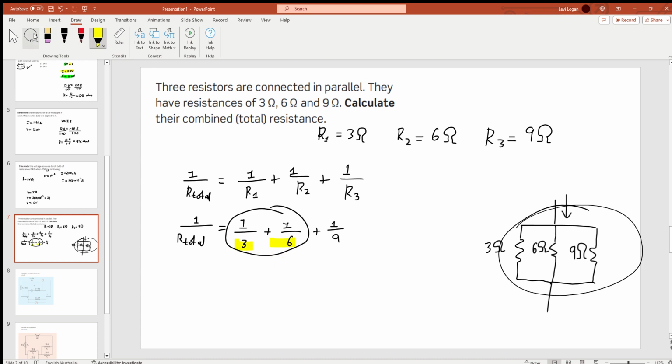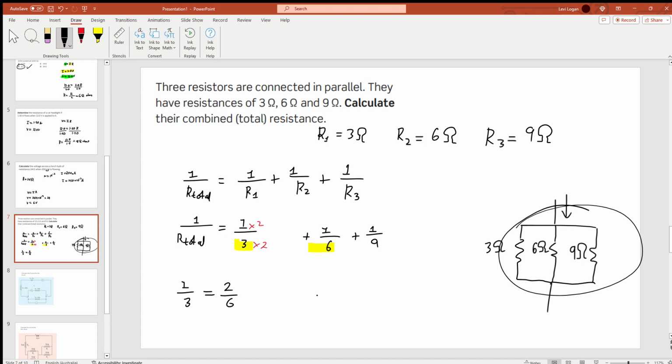If I multiply 3 by 2, that turns into 6. You multiply the bottom by 2 and the top by 2, because technically you're multiplying by 1. So 1 over 3 is the same as 2 over 6. So you have 2 over 6 plus 1 over 6 plus 1 over 9. You can add those two together and you'll get 3 over 6.